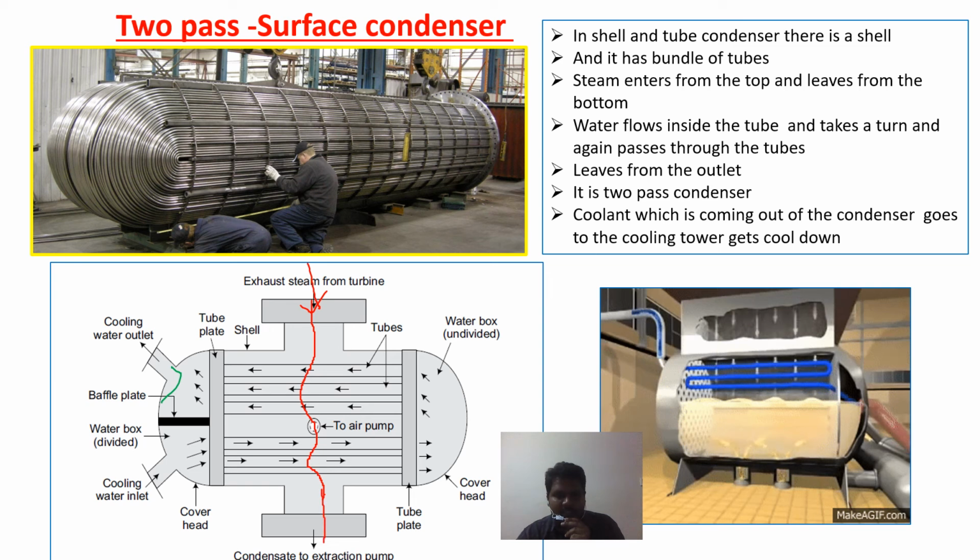That condensate we extract from the bottom. The water inside the tubes takes heat from the steam, so the steam condenses. So this is the working of the two-pass surface condenser.